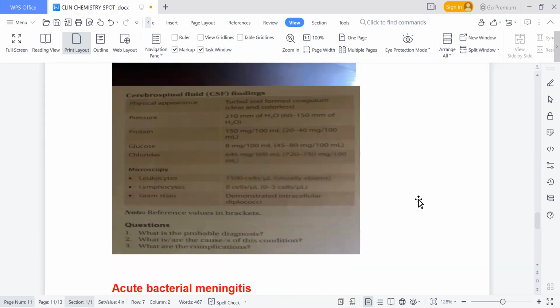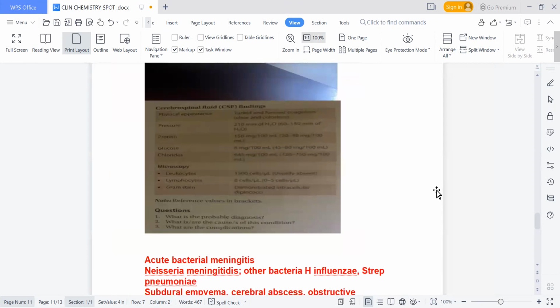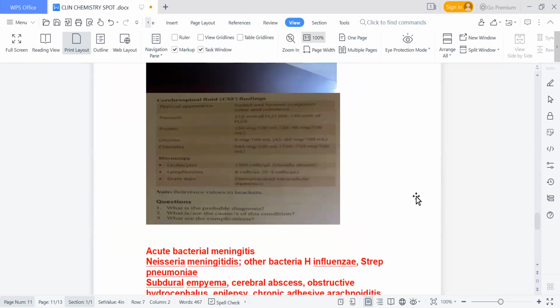It's probably acute bacterial meningitis. This is because of the presence of intracellular diplococci on the gram stain, which points towards bacteria being there. An increase in leukocytes and specifically neutrophils points towards bacterial meningitis, while a significant increase in lymphocytes points towards viral meningitis.